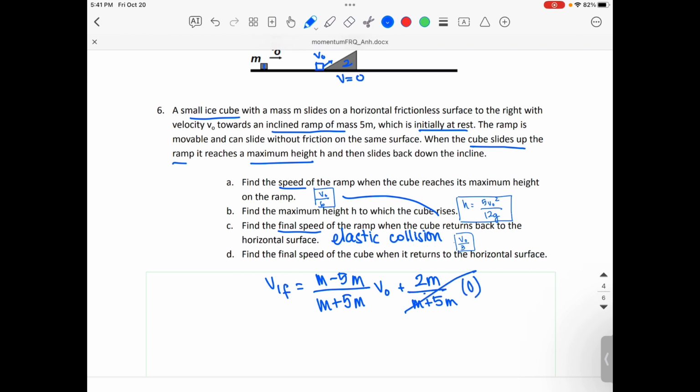Again, that cancels out, and v1 final is equal to negative 4m over 6m v naught, which reduces down to negative 2/3 v naught. So that is my final answer for D.